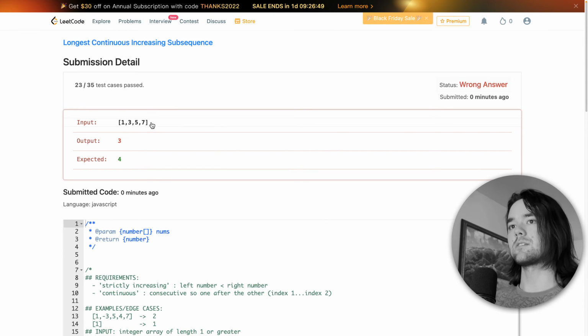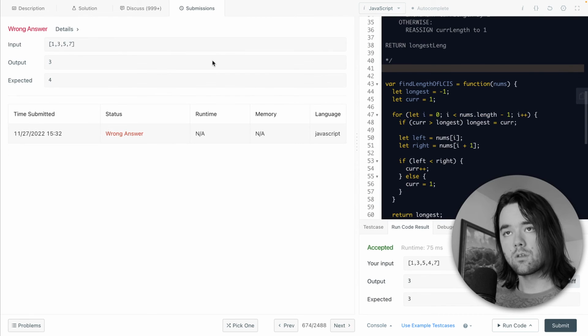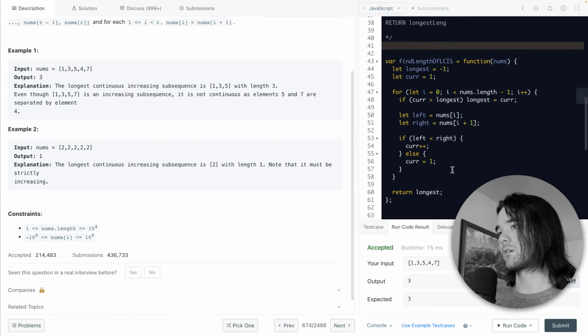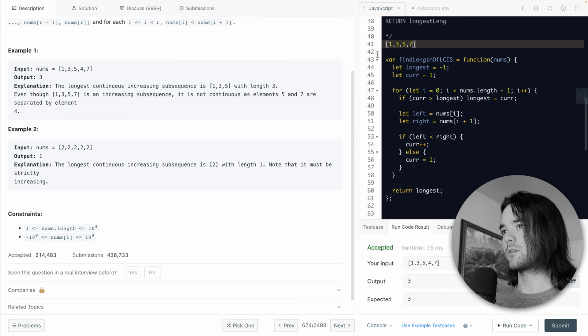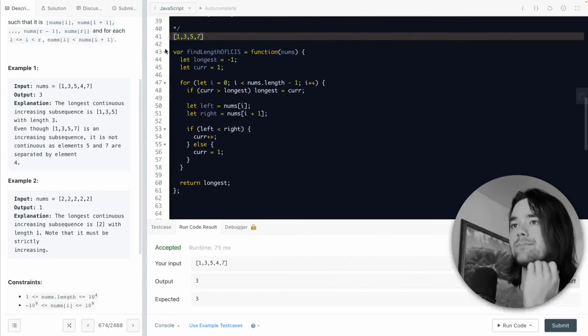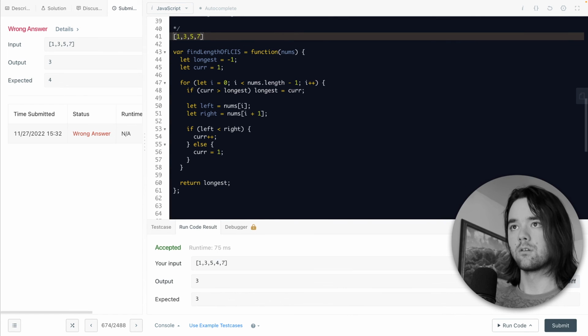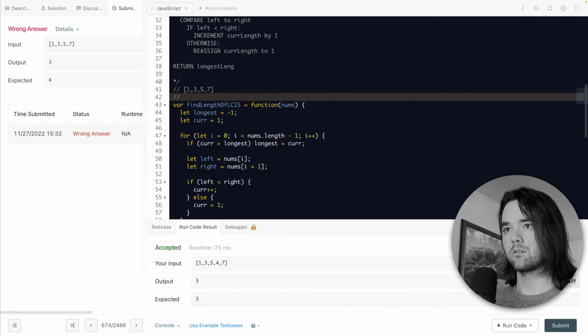So what makes this test case unique? Well, it doesn't have any situation where the chain is broken, right? Okay, so we're thinking about this test case. Where is our algorithm going wrong?